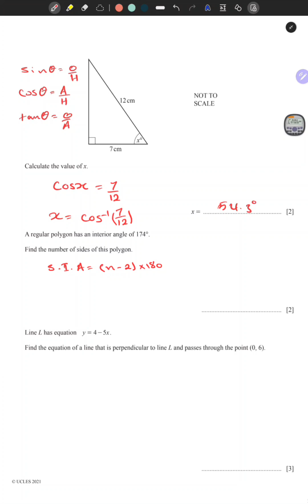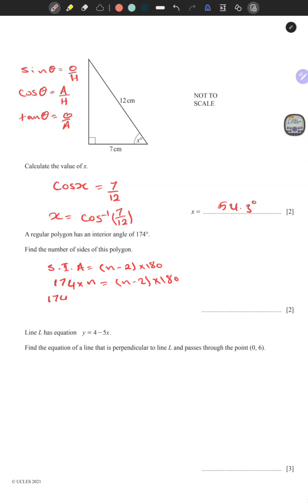So the sum of the interior angles equals a single angle times the total number of sides, which is n, equals n minus 2 times 180. Here I have made an equation in n, so I need to find n.